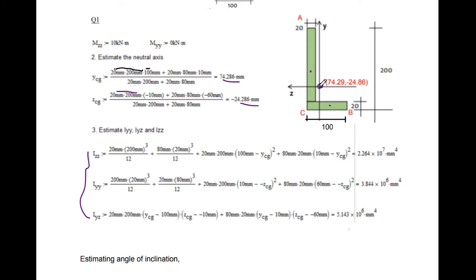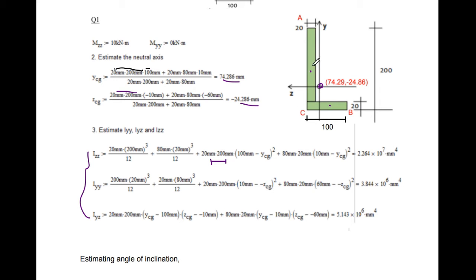So we need to find Izz along this whole section's neutral axis. So we multiply summation Ai Di squares, from the parallel axis theorem.